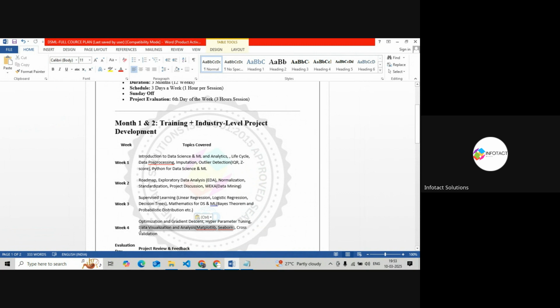Data analysis, visualization. Cross validation. Then the mathematics.